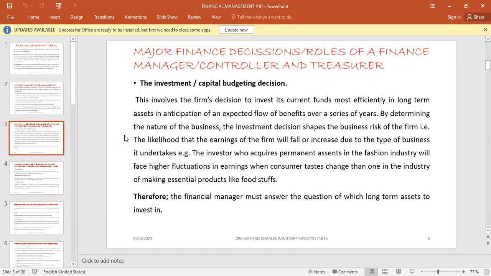Remember, the long-term assets take long, so in that period they will be giving us returns. We are proceeding, and they're saying by determining the nature of the business, because those long-term assets we are acquiring are the ones that form what the business will be.